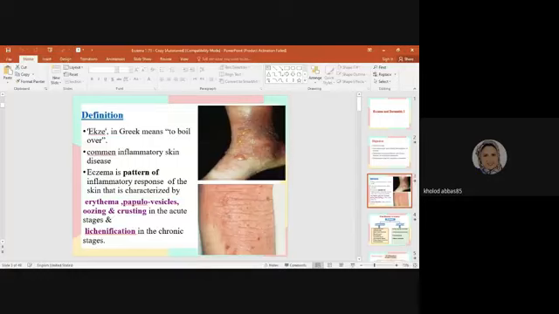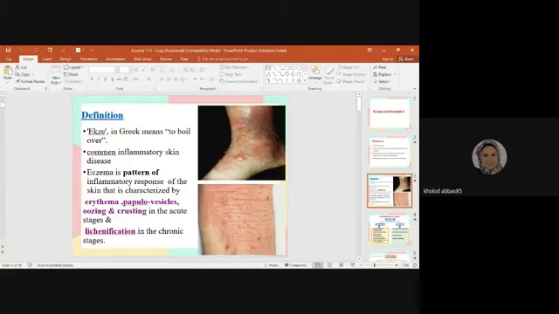It's an acute stage of an inflammatory response, characterized by vesicles, erythema, papillovesicles, oozing, crustation in acute stage, lichenification in chronic stage. Then, in acute stage, I have inflammation, I have erythema, vesicles, papules and vesicles.